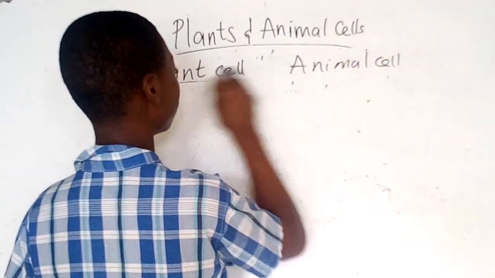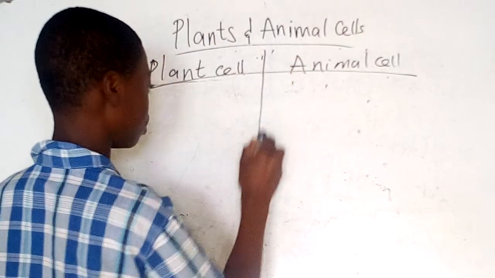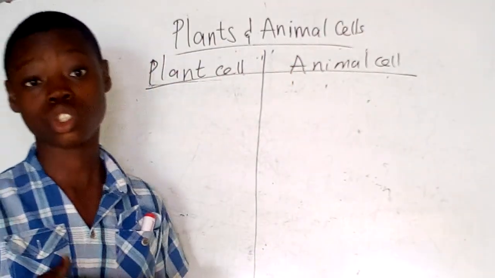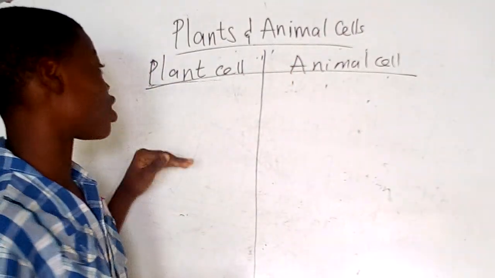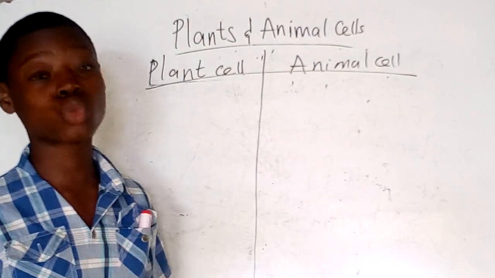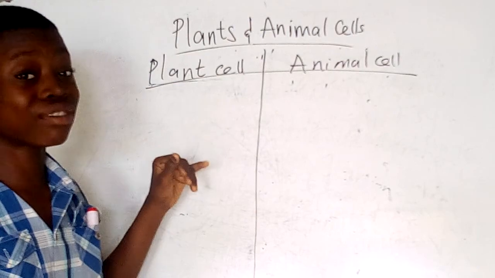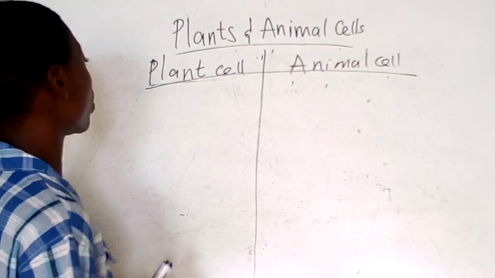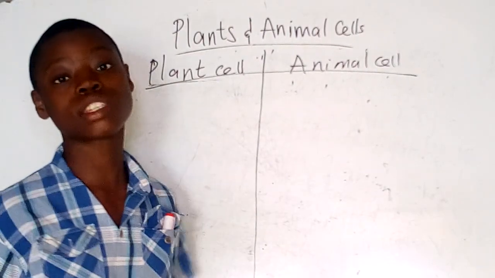Mostly we tabulate it, so make sure that you do it how you're supposed to do it, so that the examiner or the one marking will be able to understand what you are writing. Okay, so differences between the plant cell and the animal cell.